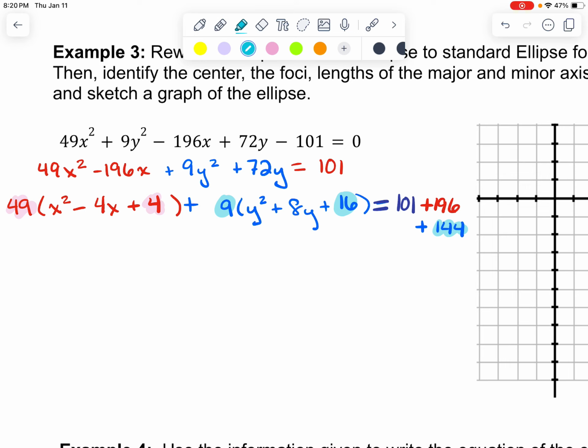We're keeping our equation balanced. Okay. So for the x values, we have 49 times (x minus 2) squared. For the y values, we have 9 times (y plus 4) squared. And then over there on the right-hand side, I add up 101 plus 196 plus 144.